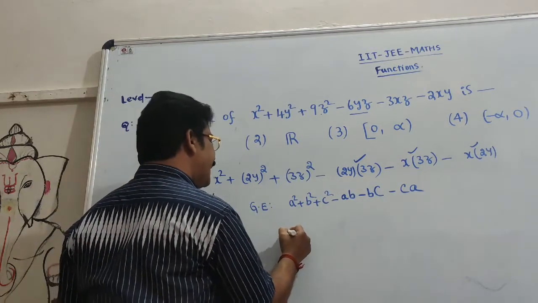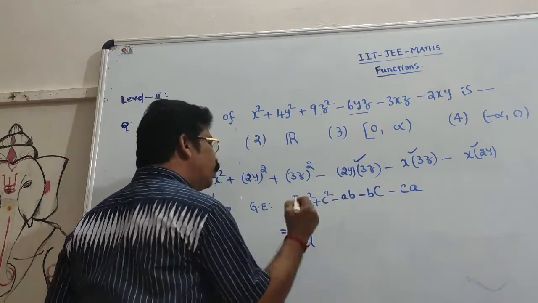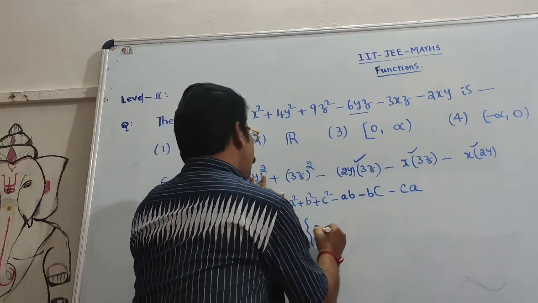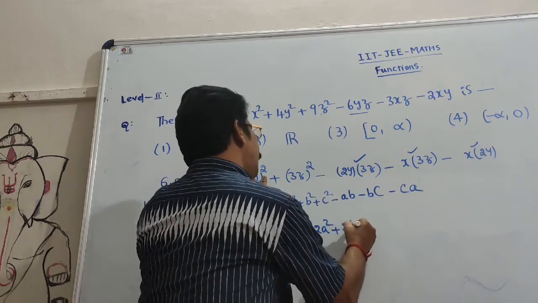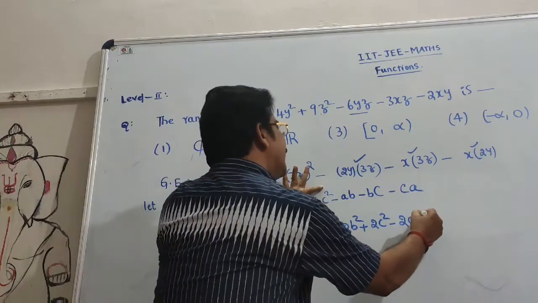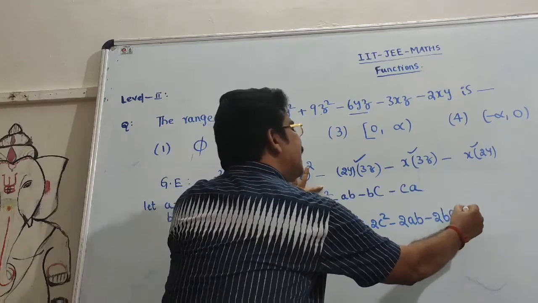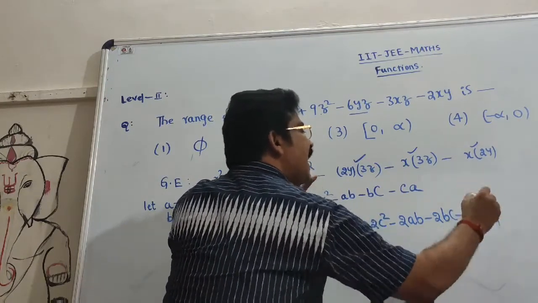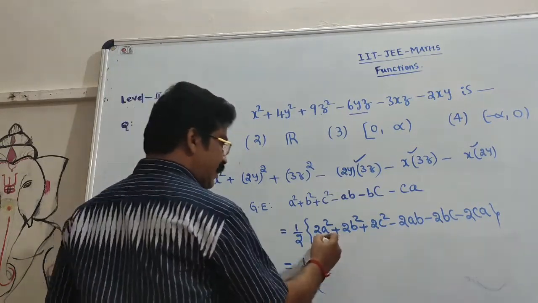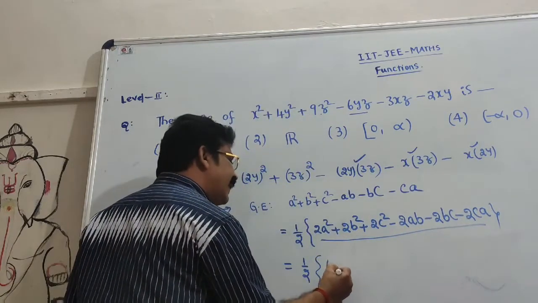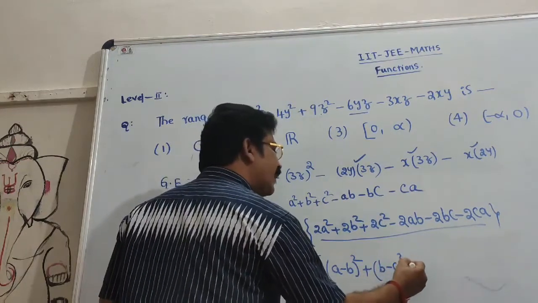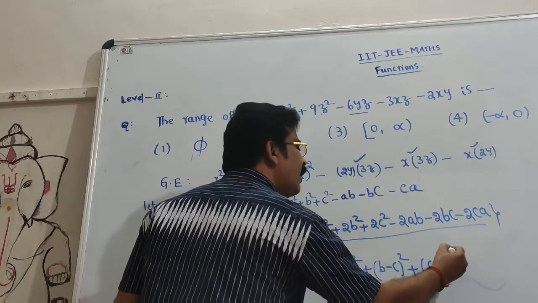So later it will be written as half into, I am multiplying by 2 and dividing by 2. So it will be 2a square plus 2b square plus 2c square minus 2ab minus 2bc minus 2ca. That is equal to half into this total sum, which can be written as a minus b whole square plus b minus c whole square plus c minus a whole square.